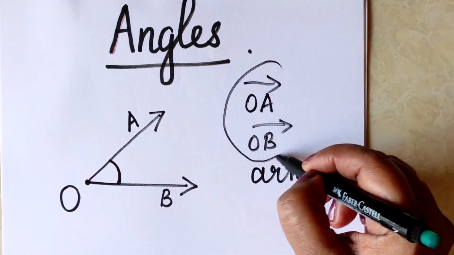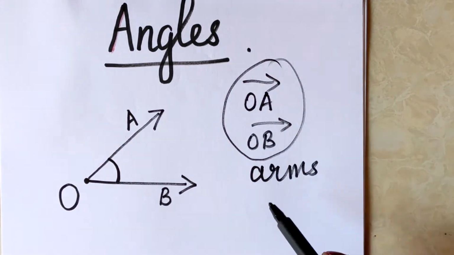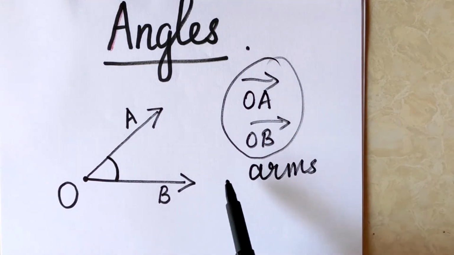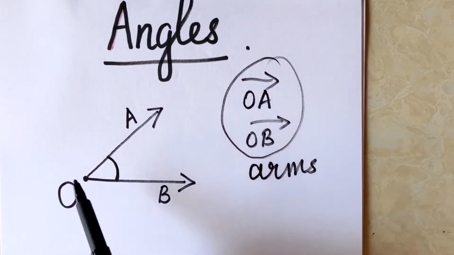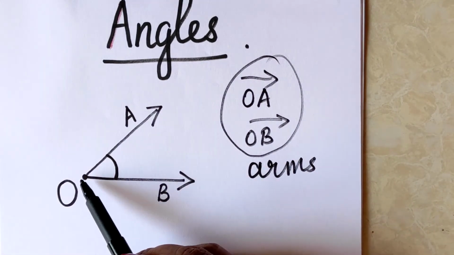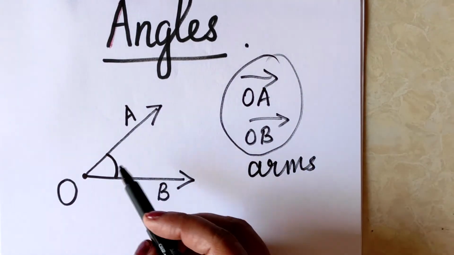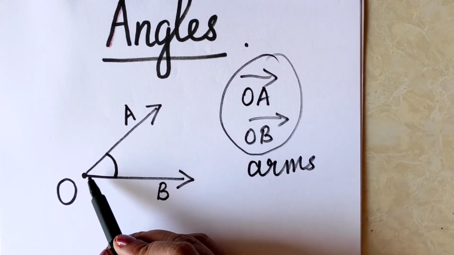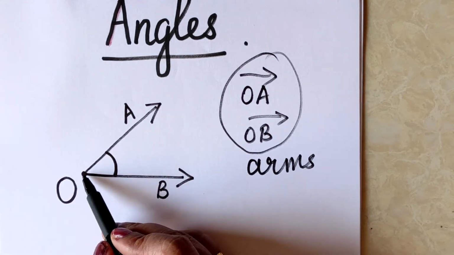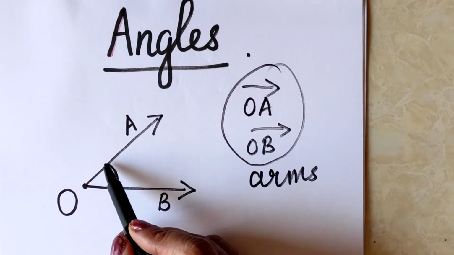We can say either rays or arms of the angle: ray OA, ray OB, and the perfect name is arms. Now in this angles chapter we have to use the word arms. Hereafter we'll say OA and OB are the two arms. The two arms make an angle when they start from the common endpoint, the initial point. So between these two arms we get an angle.